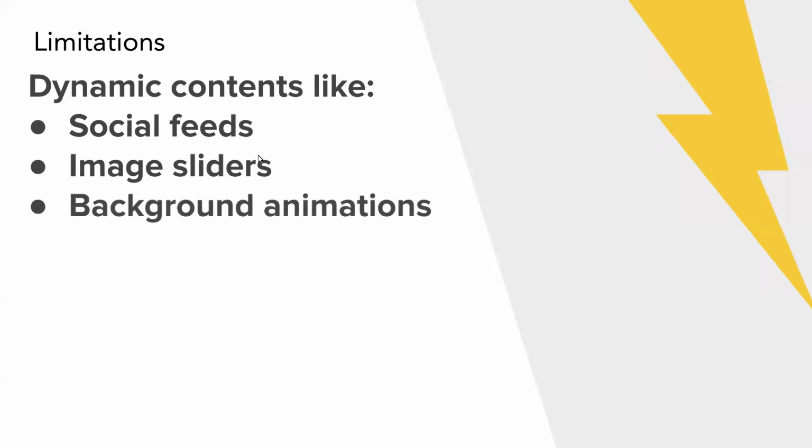For social feeds especially, they change most of the time or dynamically, so it could also give you a false positive, as well as background animations. If the background animation did not load when your visual regression tool tried to screen capture that part, and it's not synchronized on the live side, it can also introduce a false positive.